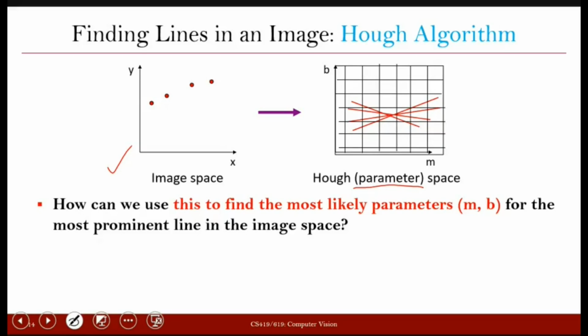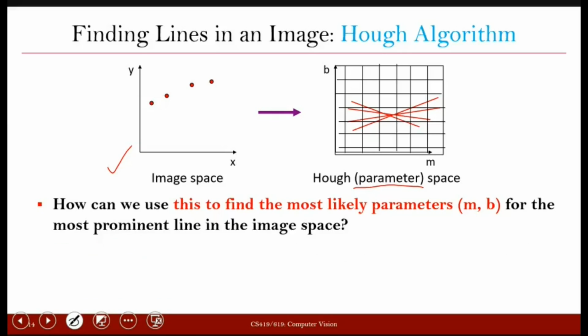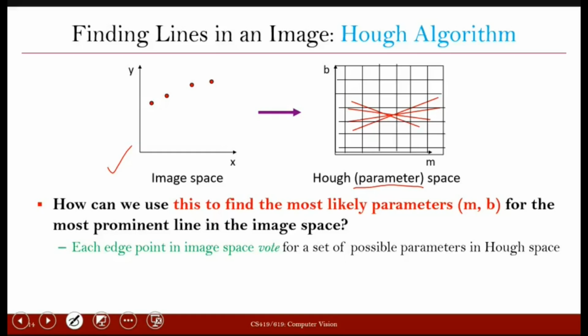So now, given this information, let's say this is the mapping we have. These were the feature points given to us, and corresponding to those feature points, we have plotted the possible values of B and M in the parameter space. So corresponding to every feature point in the image space, these feature points have voted for possible B and M in the parameter space.